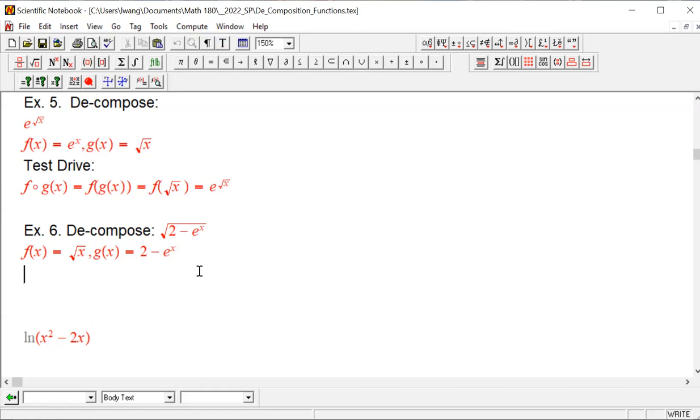Okay, and then f composite g, we'll get it. So it's going to be f of g. g is 2 minus e to the power x. And then the rule of f is just a square root, right? Whatever the input, it's a square root of whatever the input is.